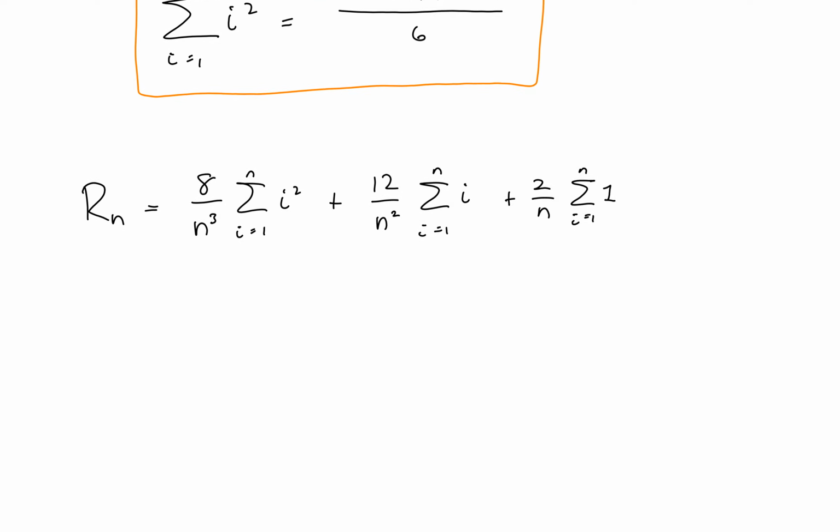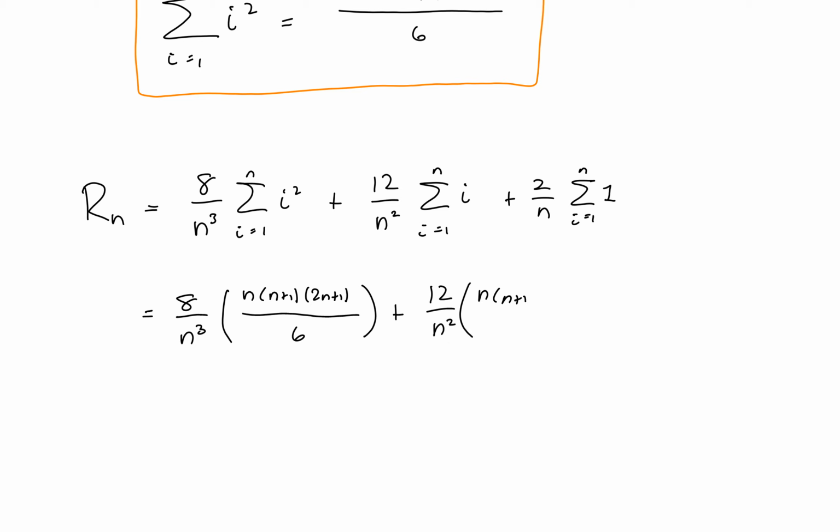So now we can fill these formulas in. So this is 8 over n cubed, and then I have n plus 1, 2n plus 1 over 6 plus 12 over n squared times n plus 1 over 2 plus 2n times n.